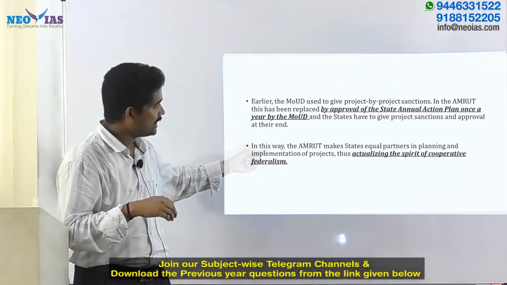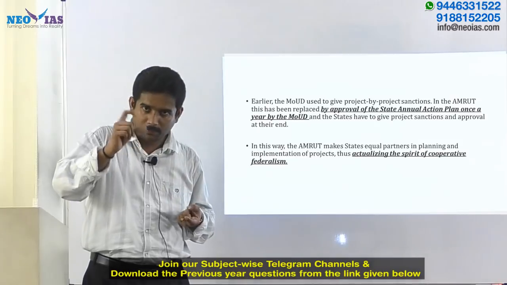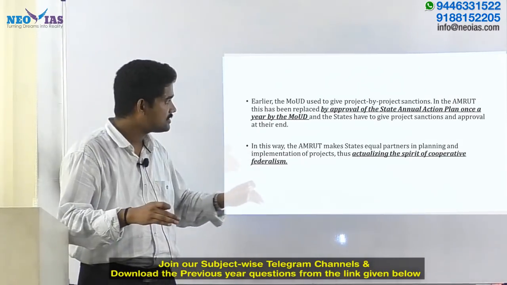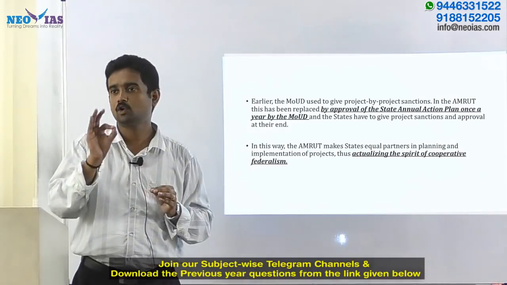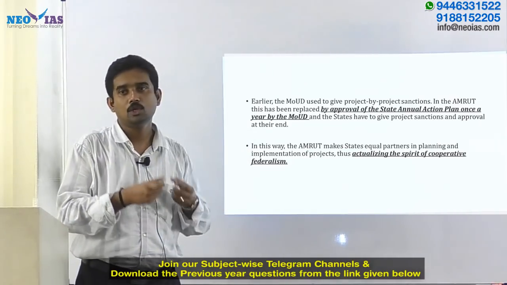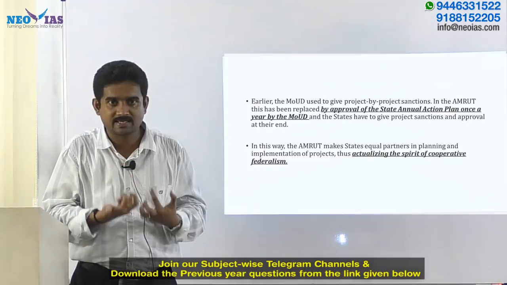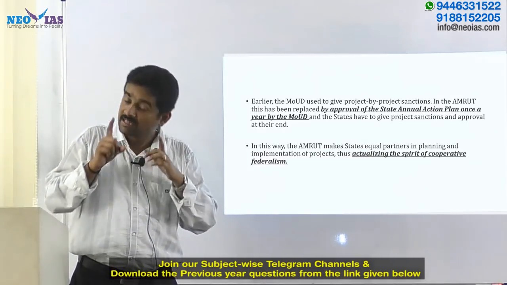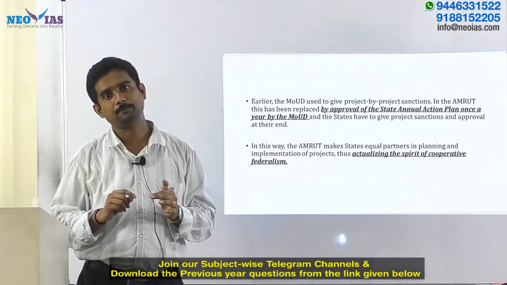In this way, Amrut makes states equal partners in planning and implementation of projects, thus actualizing the spirit of cooperative federalism. So if there is a statement in the question that Amrut plays a role in facilitating cooperative federalism, that is definitely a true statement.